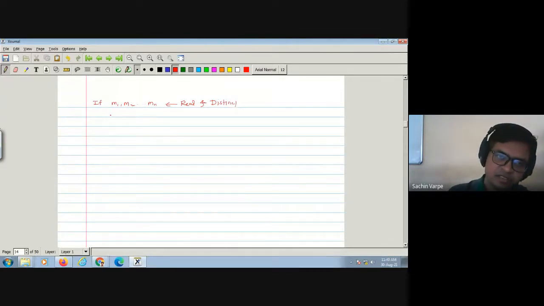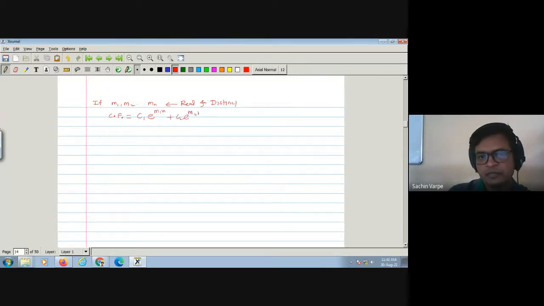Yes, then the complementary function is C1 e to the power M1x plus C2 e to the power M2x plus and so on, Cn e to the power Mnx, right?